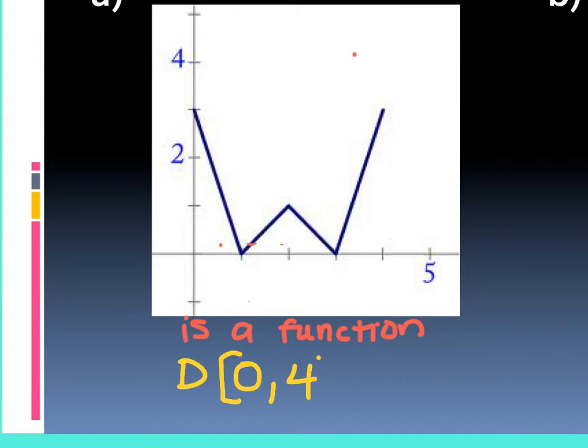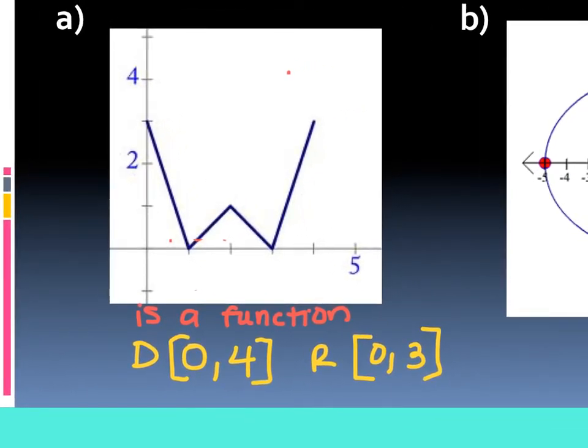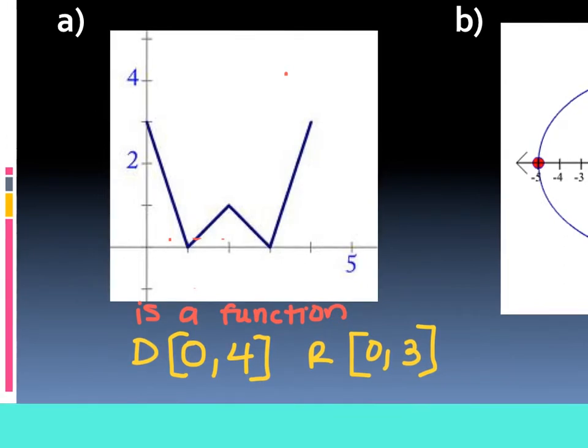Those are solid points, so they both get the brackets. And then range, we're going bottom to top, right? So lowest y to highest y, which would be 0 to 3. Brackets or parentheses? Brackets. Good. Questions on that one?